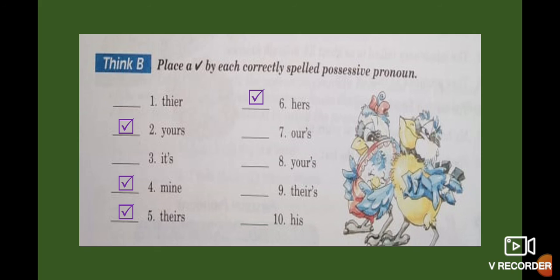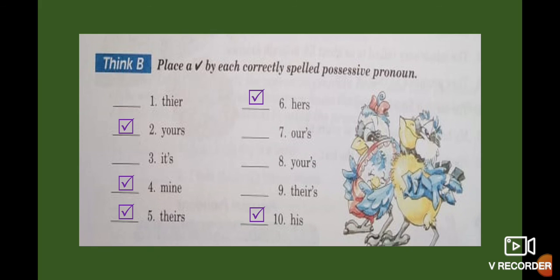Number 8, your's. No, the possessive form is without apostrophe. Number 9, their's. No, the possessive form is without apostrophe. And number 10, his. Yes, it's correct. So that means the correctly spelled possessive pronouns are number 2, 4, 5, 6, and 10.